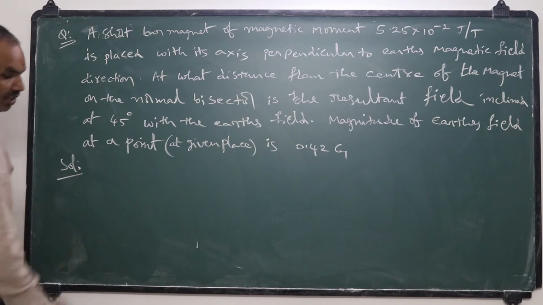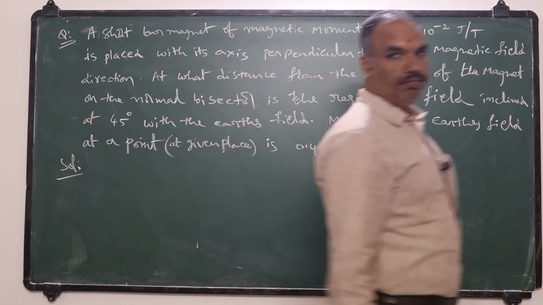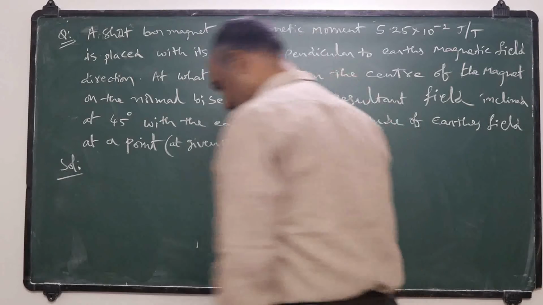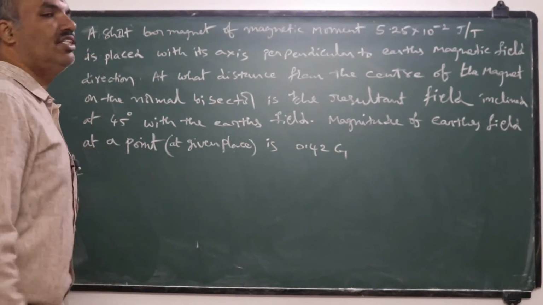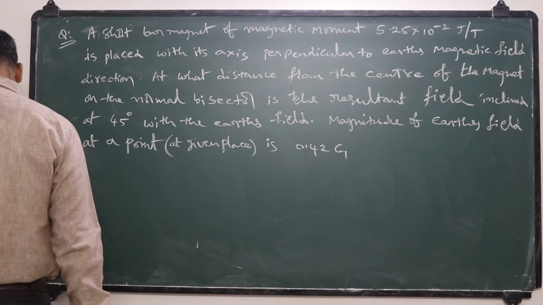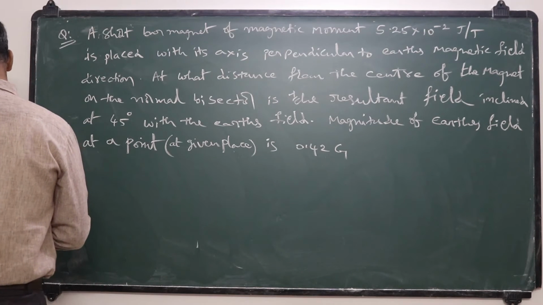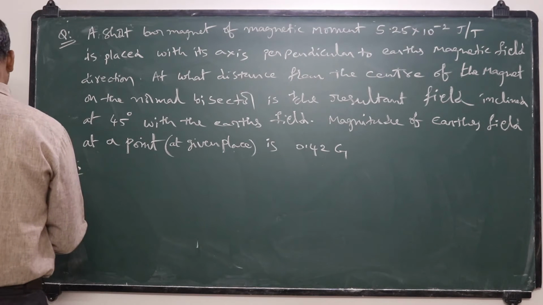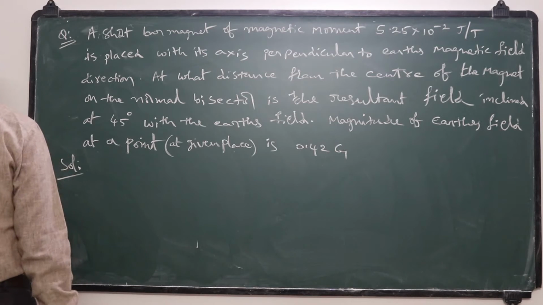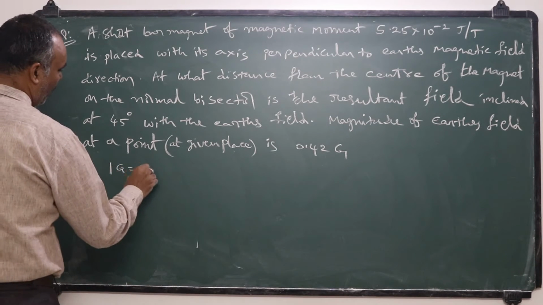Once you read the question carefully, as per the question, the Earth's magnetic field is given in Gauss, but in our SI system, the magnetic induction is represented in Tesla. So first, 1 Gauss is equal to 10 power minus 4 Tesla.